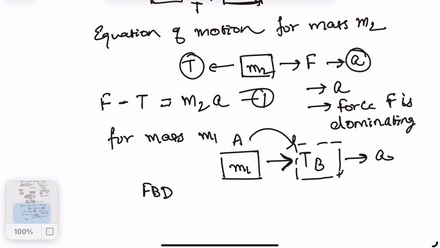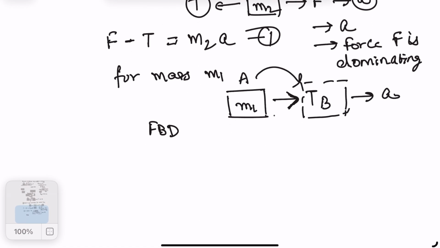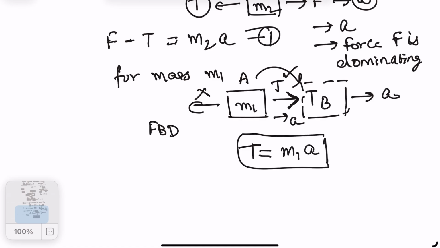Acceleration is in this direction, tension is in this direction. There is no other force acting in this direction, so this T alone will cause motion in block A. You just write m1 multiplied by A and equate with T, because this tension is accelerating block A in this direction. So this is your equation number 2.